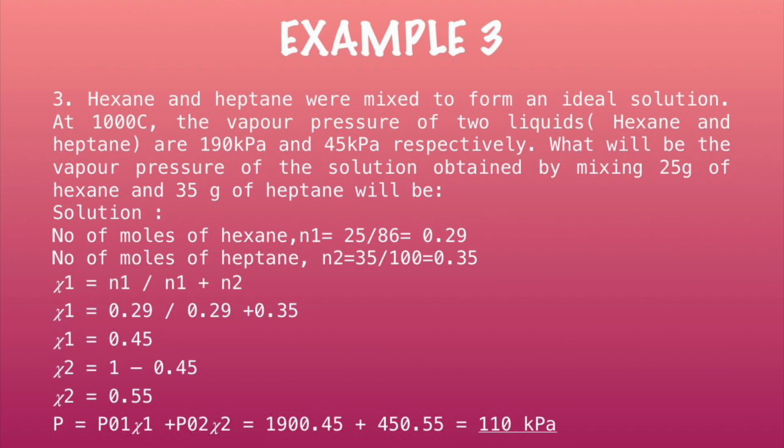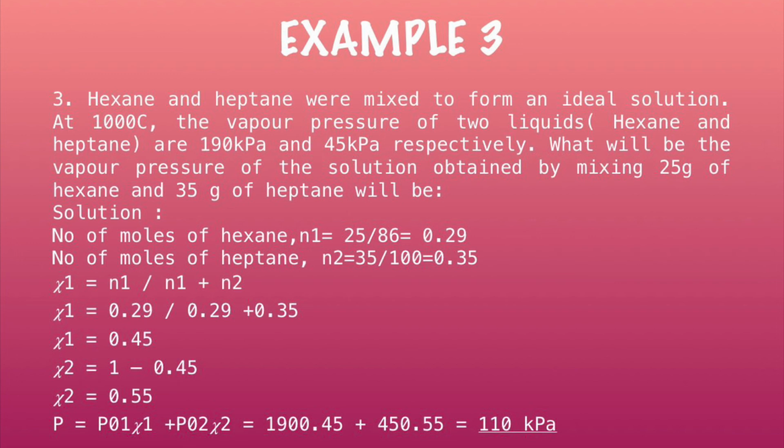The number of moles of hexane is written as N1 equals 25 divided by 86, that equals 0.29, and the number of moles of heptane is written as N2 equals 35 divided by 100, that equals 0.35.